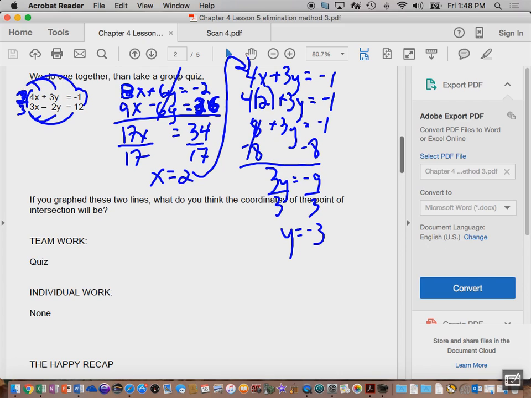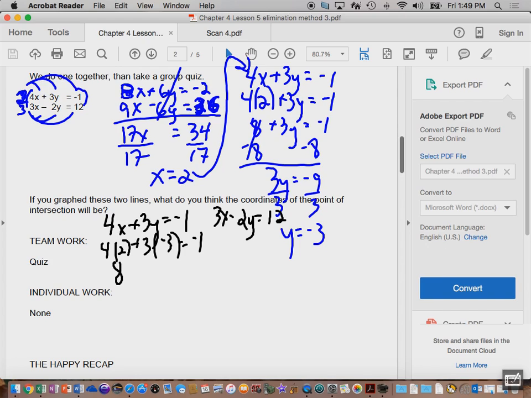So let's rewrite those original equations. 4x plus 3y is -1, and the other one is 3x minus 2y is 12. So now I'm going to plug in x and y. So 4 times 2 plus 3 times -3 is -1. What's 4 times 2? 8. What's 3 times -3? -9.